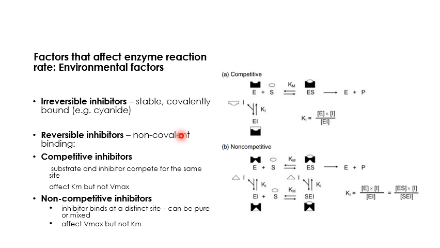Okay, and we also have reversible inhibitors that form a non-covalent bond with the enzymes. These can be competitive inhibitors, where the substrate and the inhibitor compete for the same active binding site of the enzyme. Let me just draw here. If you look back at the graph of this enzyme kinetics, this is the Vmax.